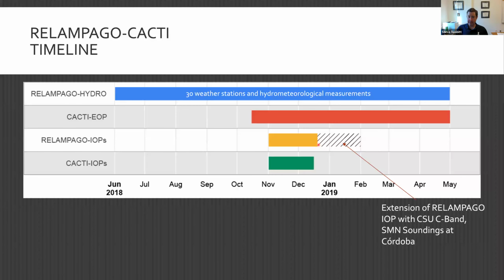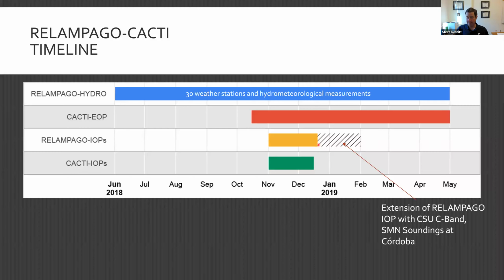So, as I mentioned earlier, this project took place in 2018 to 2019, fortunately before the pandemic. We had a long-term observation site that extended almost a year, where we had 30 flux towers and hydrometeorological measurements across the area. CACTI brought a super site of observations to the Sierras de Cordoba that was nearly 5.5 months. And then we had a period of 49 days of intensive IOPs, where we had people deploying mobile instrumentation for each case.